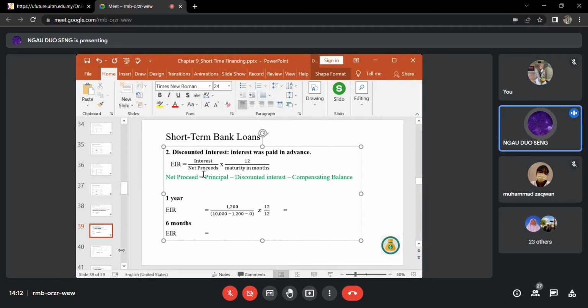Then we have net proceed. So 10,000 minus 1,200 minus kosong. Again, this one kita hanya fokus on discounted interest. So what is the percentage? How many?